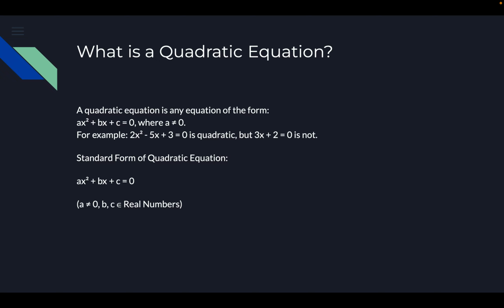So in general, the standard form of a quadratic equation is ax² + bx + c = 0, where a is not equal to 0, and b and c are real numbers. So let's move on.